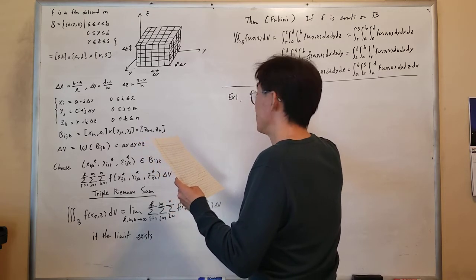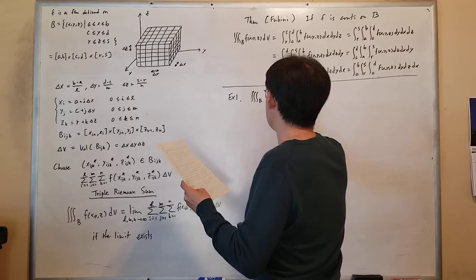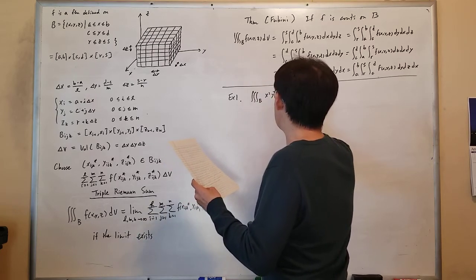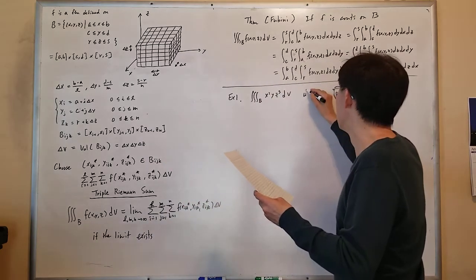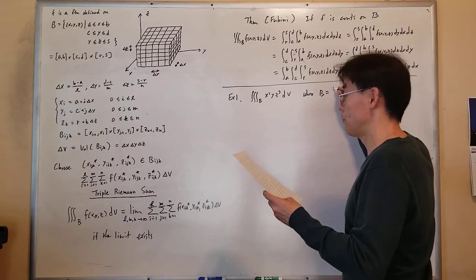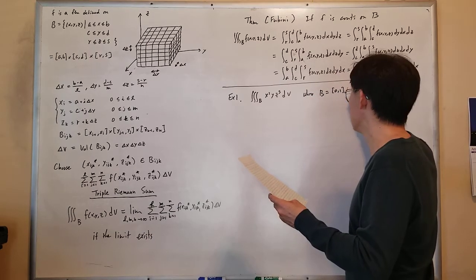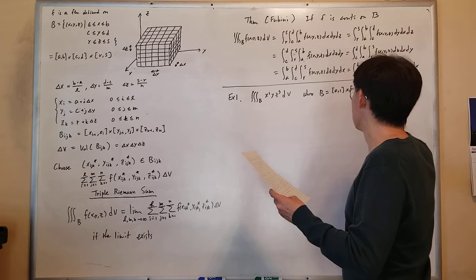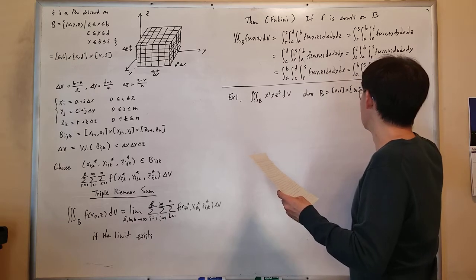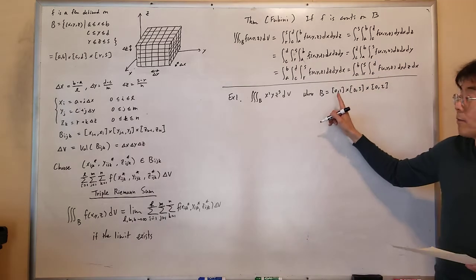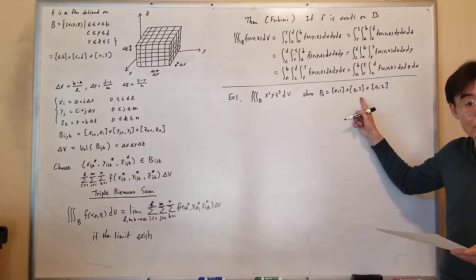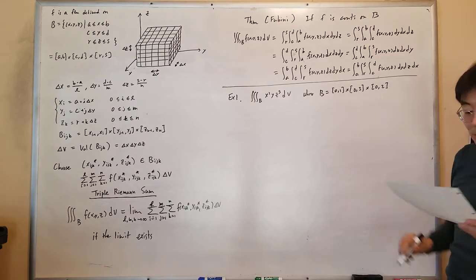Now, for example 1, z to the third dV, where your rectangular box is [0,1] by [0,3] by [0,2]. So x is from 0 to 1, y from 0 to 3, z from 0 to 2.